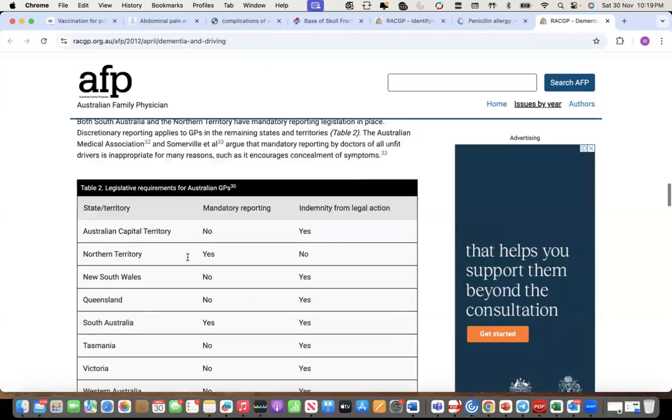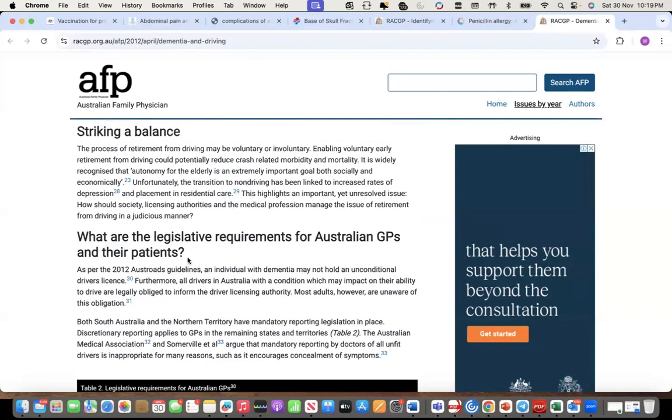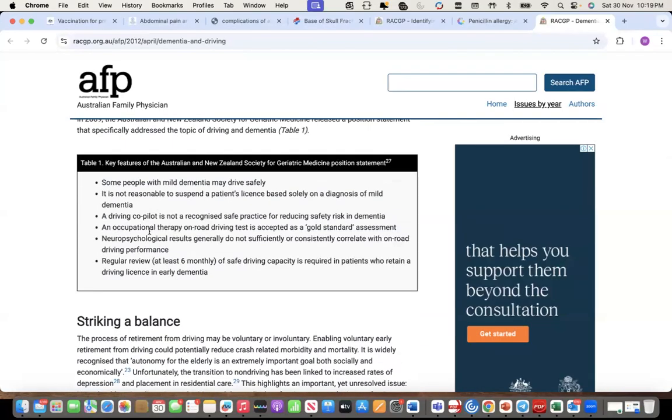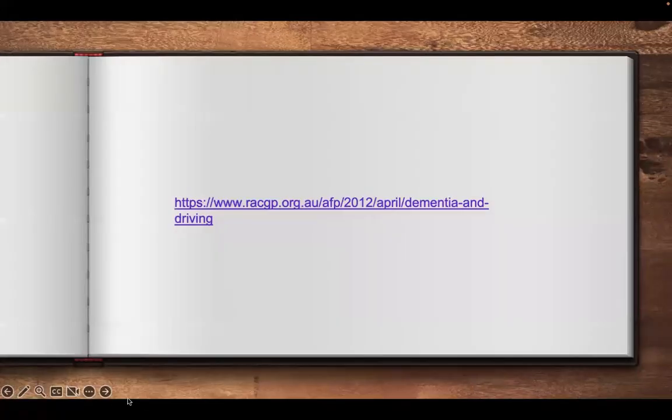In this reference there is information about the co-pilot: a driving co-pilot is not recognized as a safe practice for reducing the risk. That is the exact information in our question. So a co-pilot sitting with a demented person is not a safe practice. The only option was A, and we have already discussed that. Clear, guys?